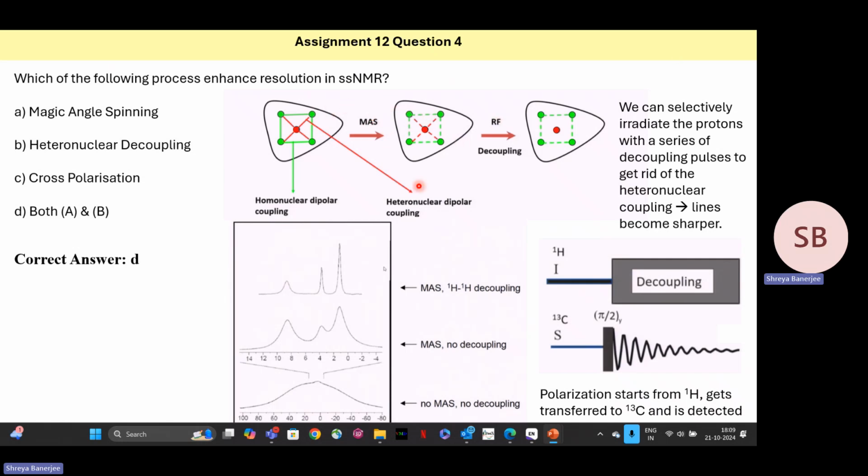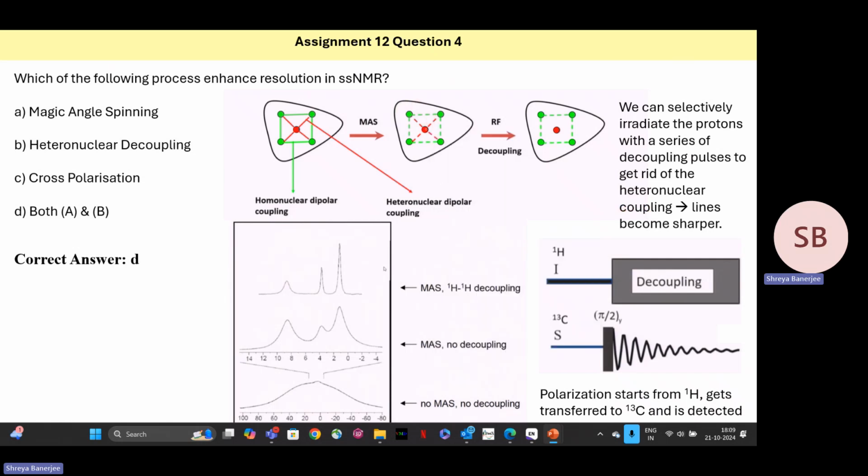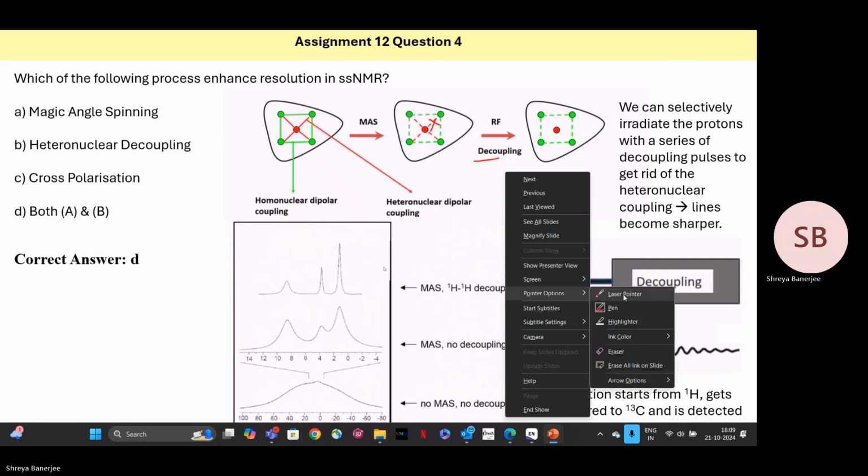After that, if you further do RF decoupling, which involves selectively irradiating the protons with a series of decoupling pulses to completely get rid of the heteronuclear coupling, you can see these red lines, which were the heteronuclear coupling, are completely cancelled out. There is no heteronuclear coupling after this RF decoupling.